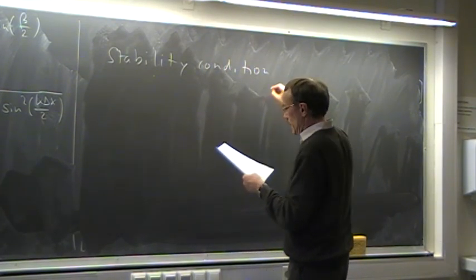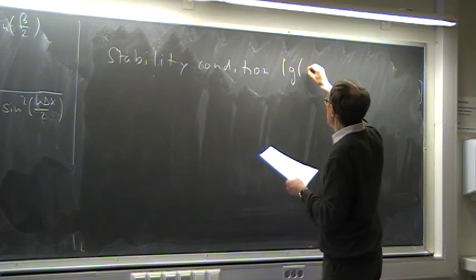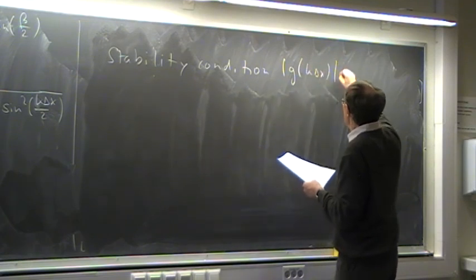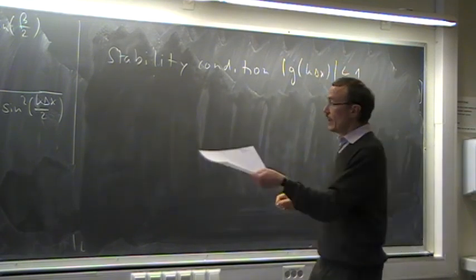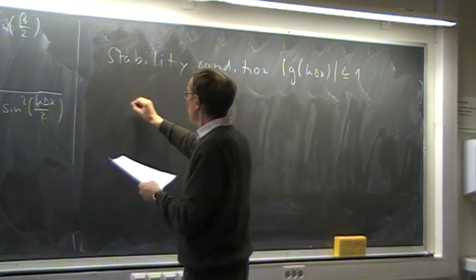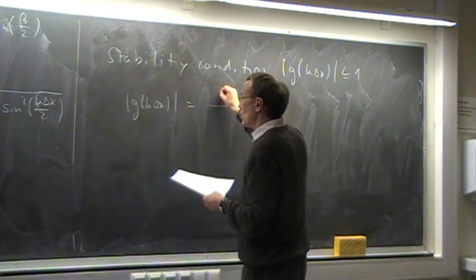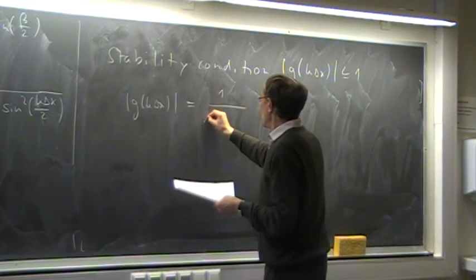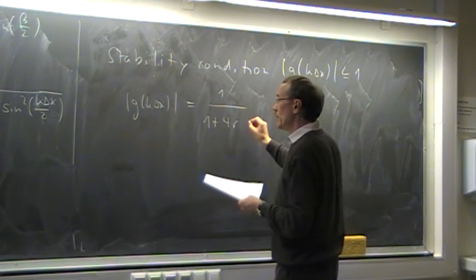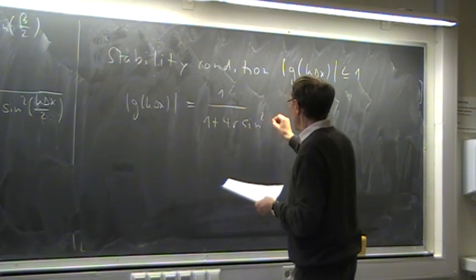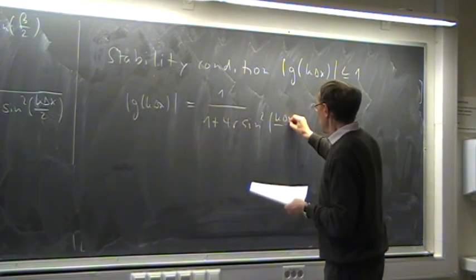That is, the amplification factor g of k delta x has to be smaller or equal than 1. In our case, g of k delta x is 1 over 1 plus 4r sine squared of k delta x half.